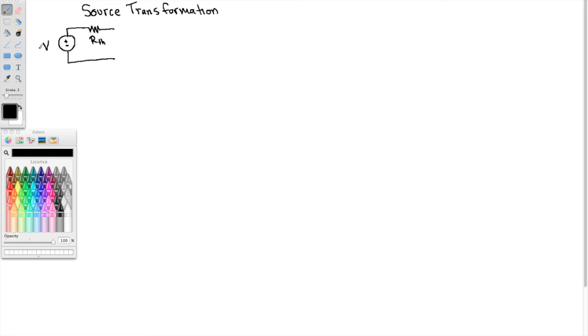And so if you want to think of this as a building block, we're going to exchange this building block for a different one, a current source, I. I'm going to leave off the arrow for right now.